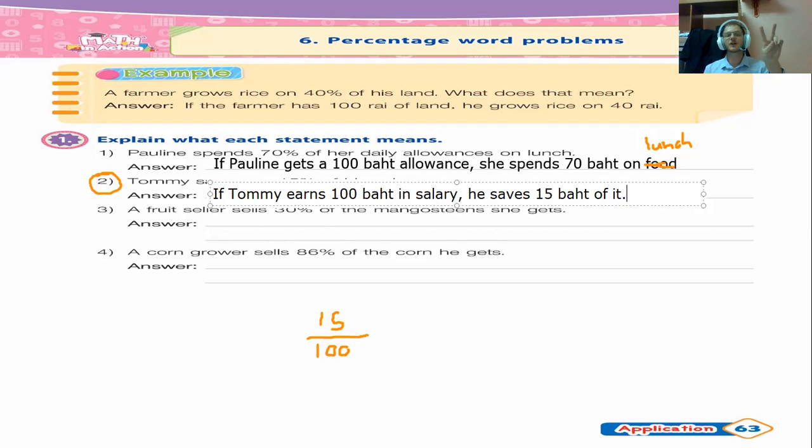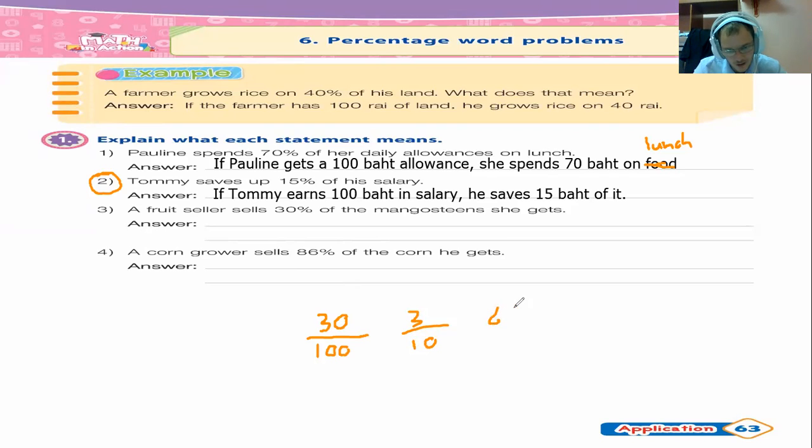Let's finish off with the last 2 for the day, and then we will complete. A fruit seller sells 30% of the mangosteens she gets. She sells 30%. So 30% as a fraction equals 30 over 100. Again, we use the 100 because it's the easiest. We can also use a different fraction. What about 3 over 10? We can use 60 over 200.